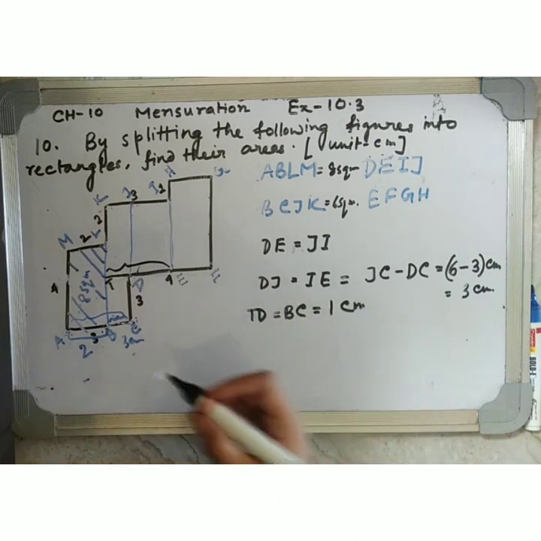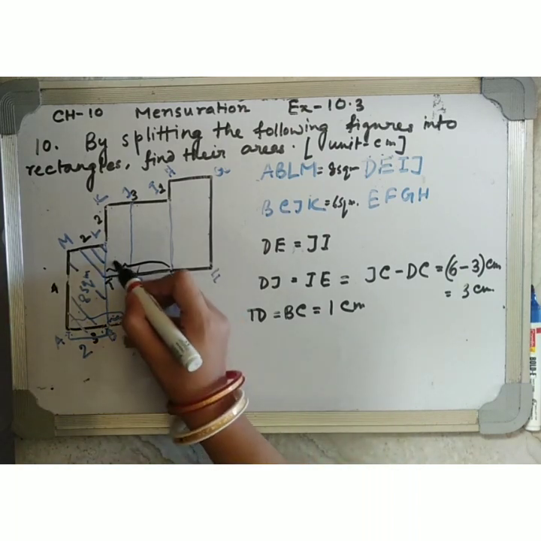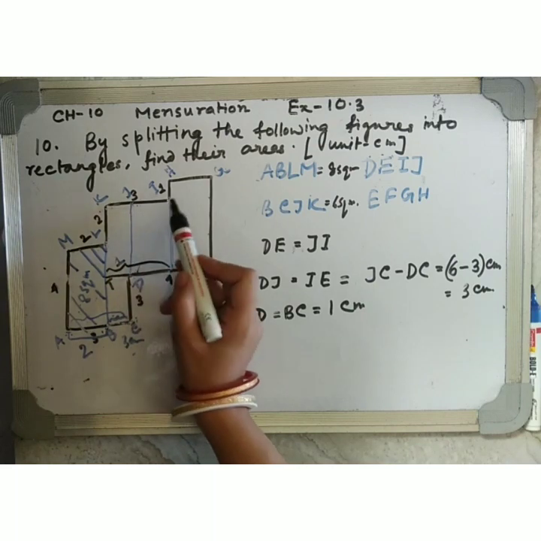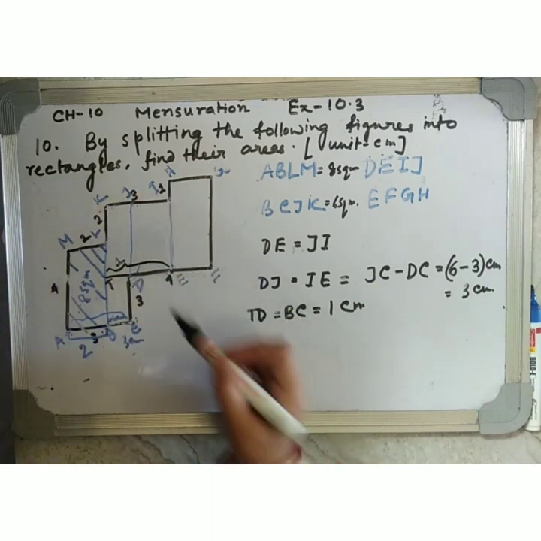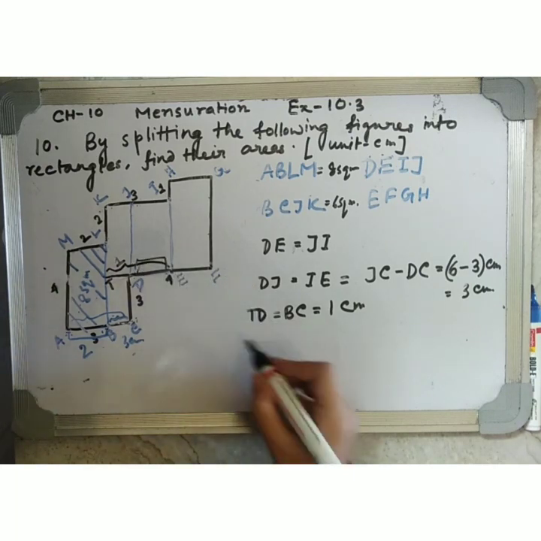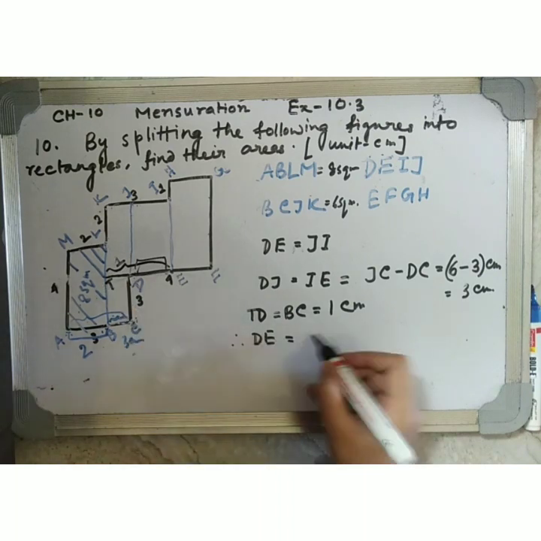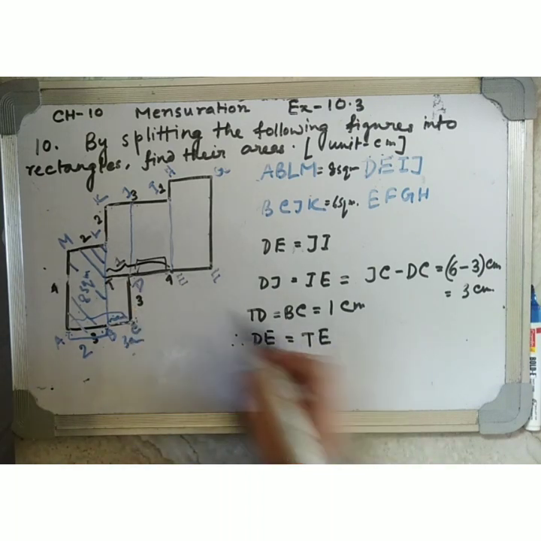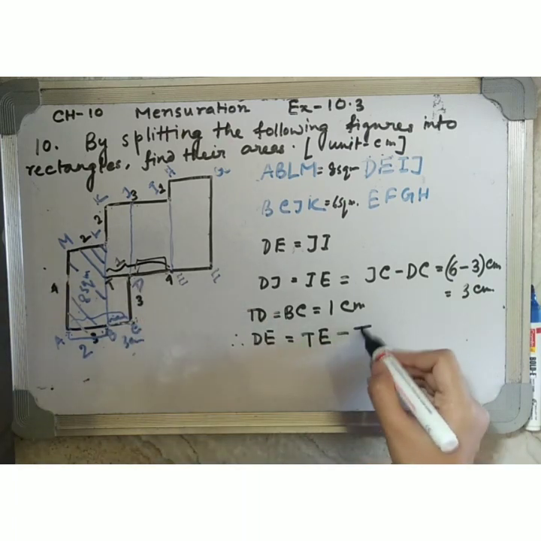We have already found it in the last sum. Okay, so if this is of 1 centimeter and this is completely 3 centimeter, means this one is also completely 3 centimeter, then how to find the DE? Therefore, DE will be equal to TE minus TD, isn't it?